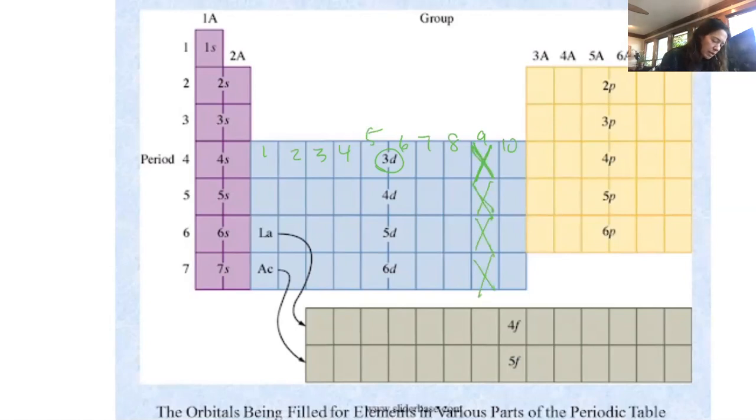Copper ends in 4s1, 3d10. This element, which is silver, will end in 5s1, 3d10. So that trend is going to occur all the way through here. Now, the other place we're going to see that trend is occurring right here. And that's going to be chromium.